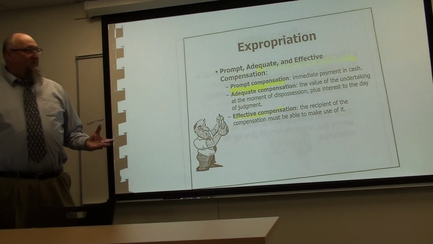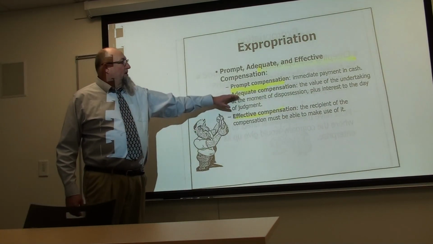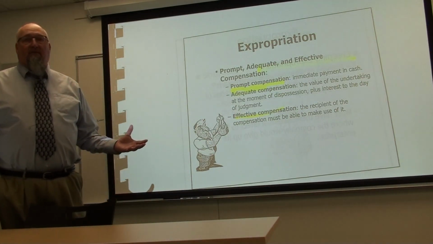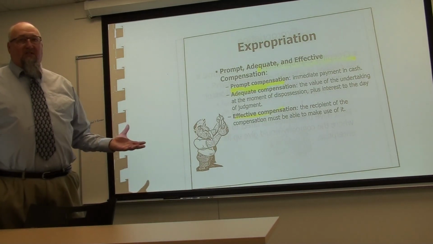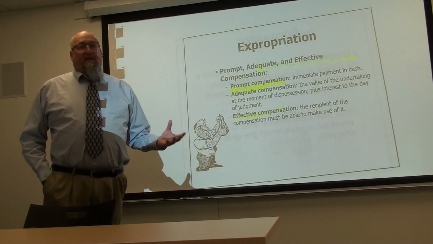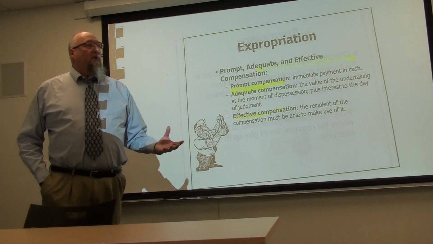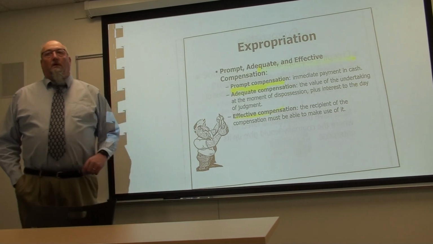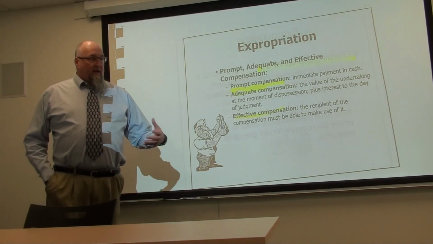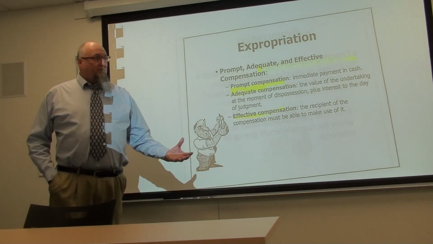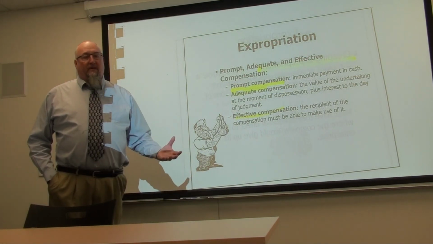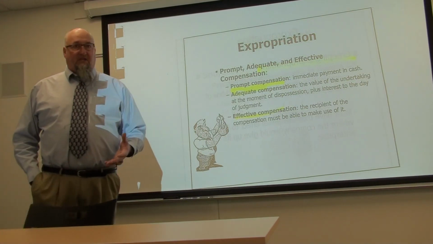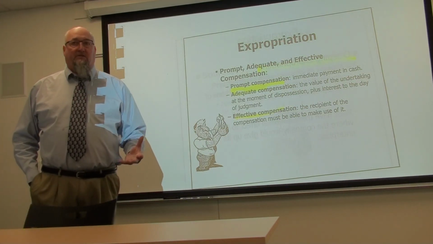In addition, the compensation must be an adequate amount. So that is the dollar value in terms of the fair market value of the property or the assets that were seized. And that's where, again, you can get into a dispute. I'll just give you a real world example. Let's say it's a farm, but that farm, as farm ground, will have a lower value than the value of that same property if it could be developed, let's say, into a subdivision for houses.